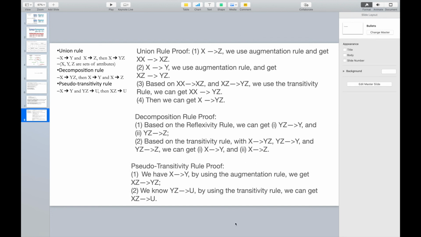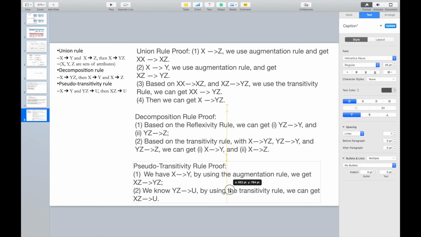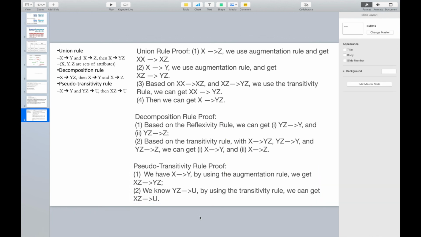I think you should be able to prove these rules by yourself based on Armstrong's axioms. This is my proof. You can check with yours to see if your proof is correct or not. There are different ways to prove it, so besides my proof, you can also prove it in different ways. That should be fine. So this is about the derived rules we can get based on Armstrong's axioms. Next, we will talk about the closure of the attributes.